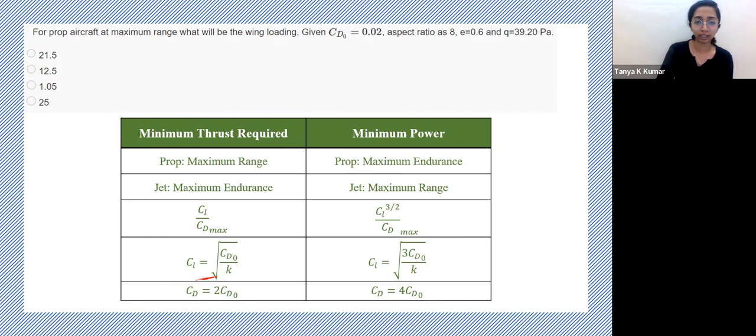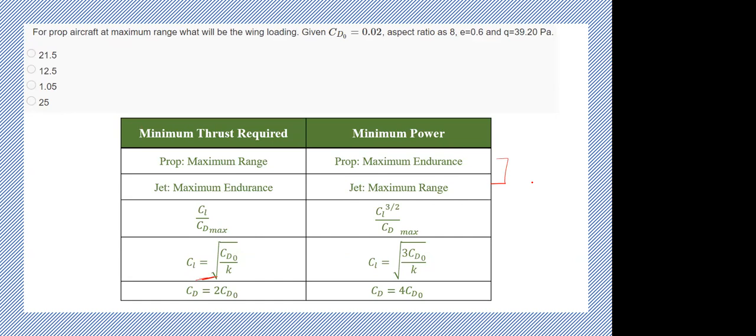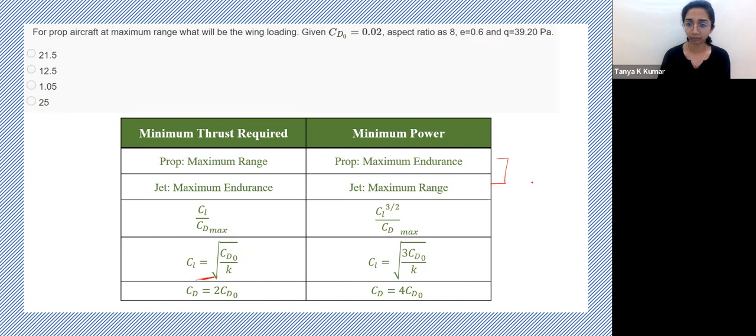Does anyone remember why it's reversed? Why are these 2 conditions reversed for a propeller and jet? We had discussed this with the help of some graphs. You try recalling.